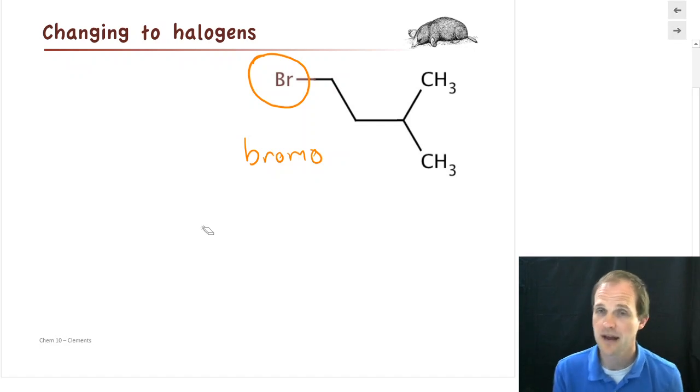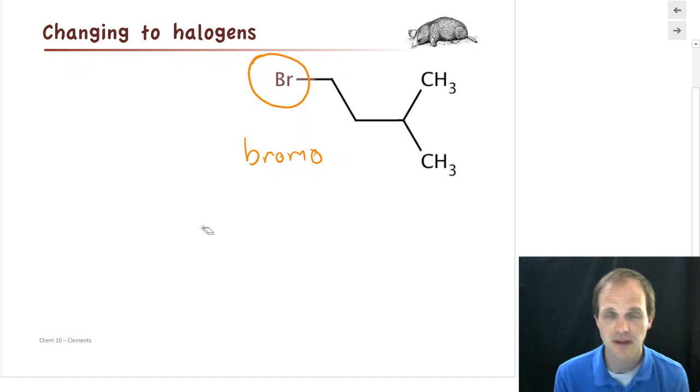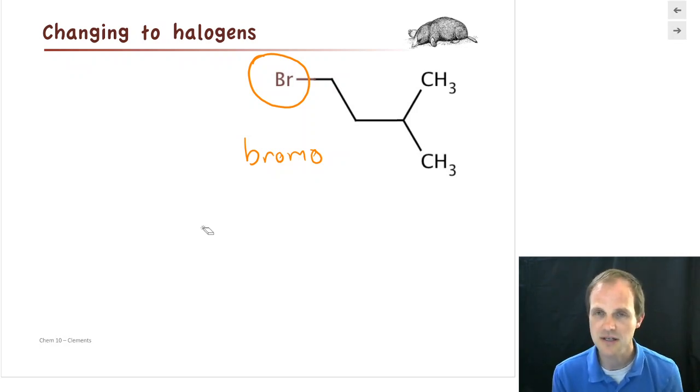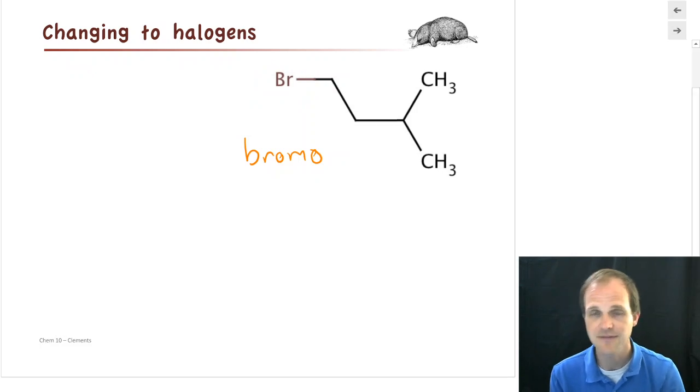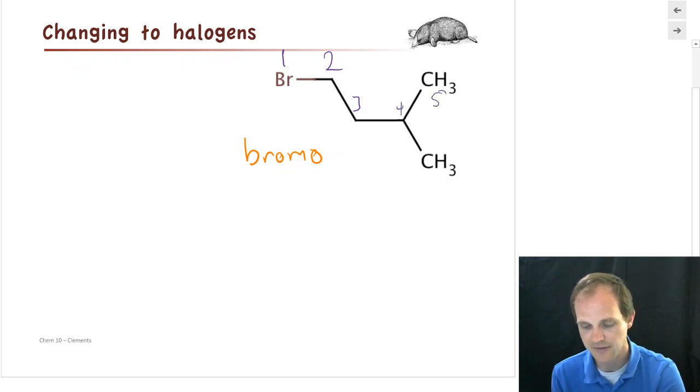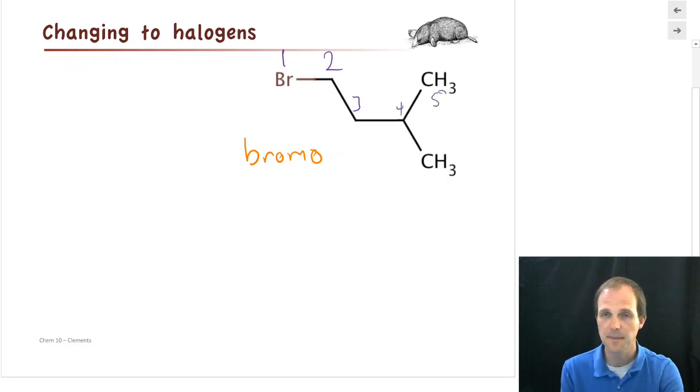Everything else remains exactly the same. We find our longest backbone, we number, we list, and then we put together. So what's the longest backbone in this case? It's very tempting for people to say, well, I've got 1, 2, 3, 4, and 5 carbons, so I've got some sort of pentane.